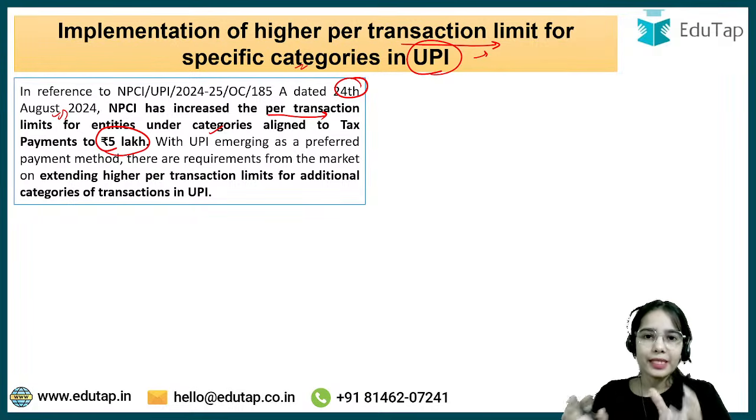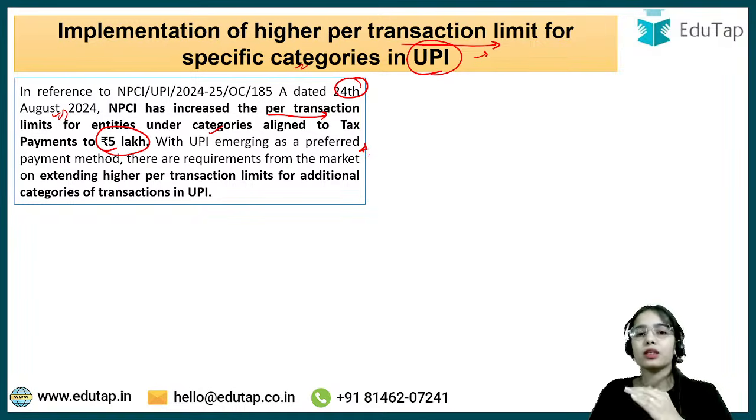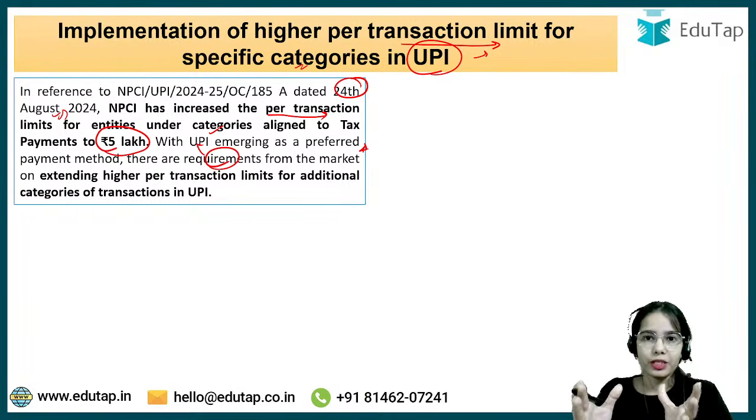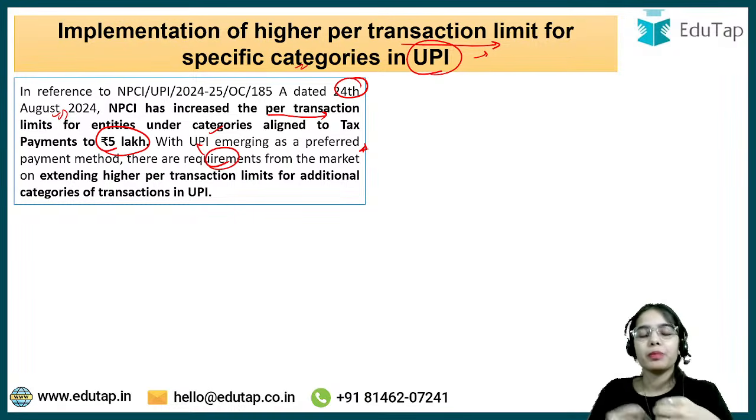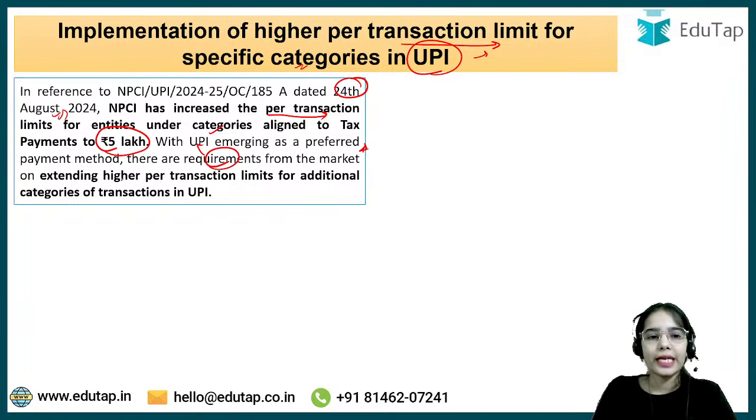Now the UPI is emerging as a preferred payment method, and most people are using UPI and preferring it over other payment methods. So there is a requirement to further expand the limits for UPI transactions, because people prefer UPI transactions. There are requirements from the market on extending higher per transaction limits for additional categories of transactions in UPI.